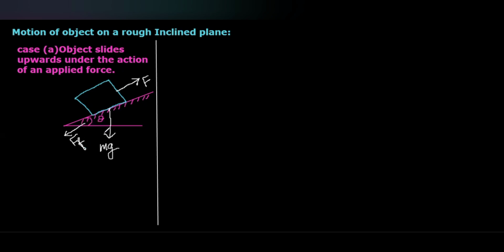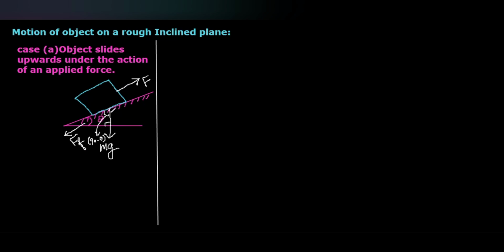Here you can see this mg is a vertically downward force for the horizontal surface, but for the reference inclined surface, this mg is an inclined force. So here you can see this right angle triangle. If this is theta, this is 90, this will become 90 minus theta.